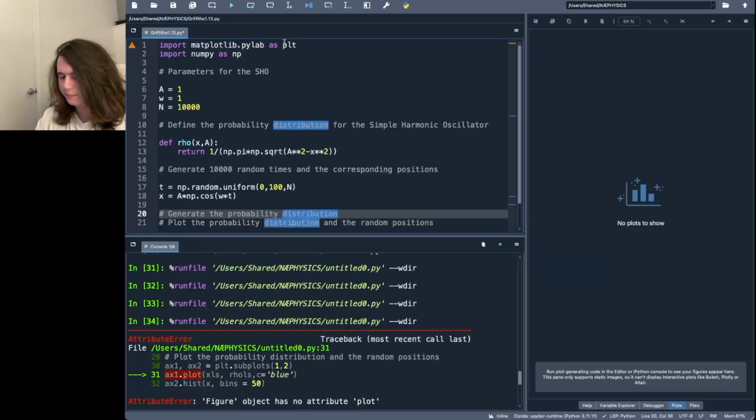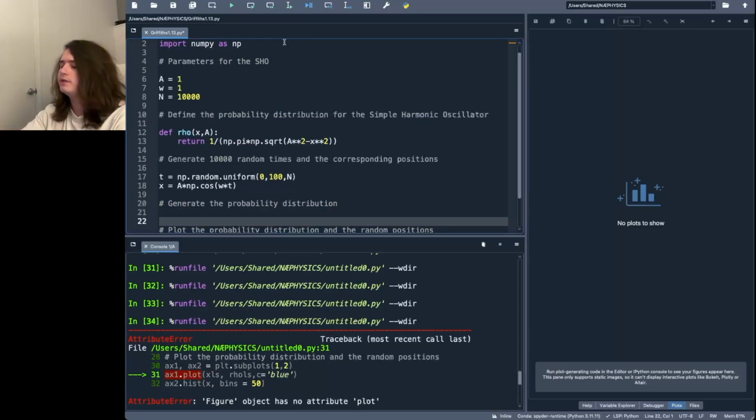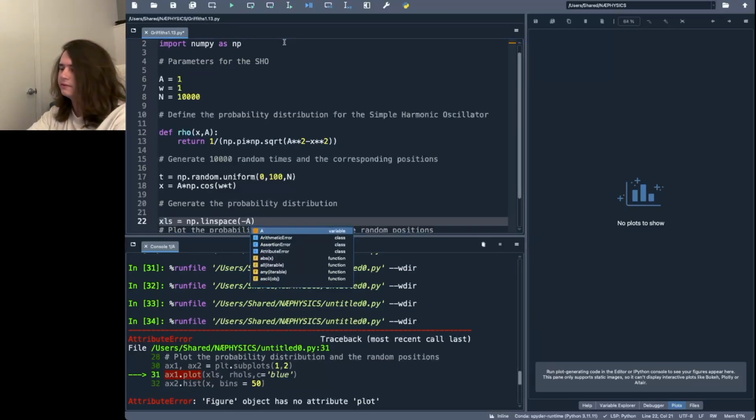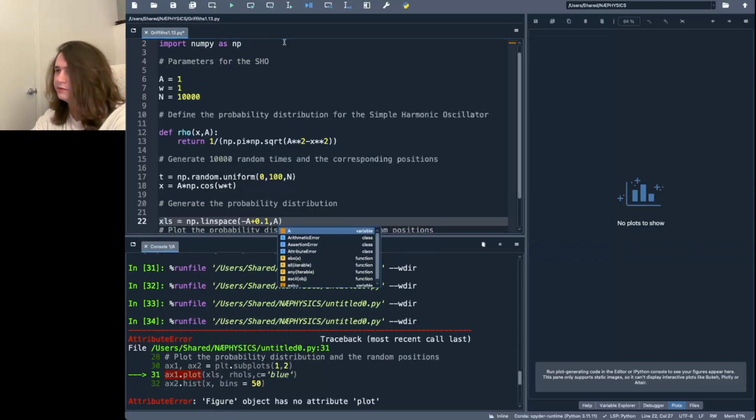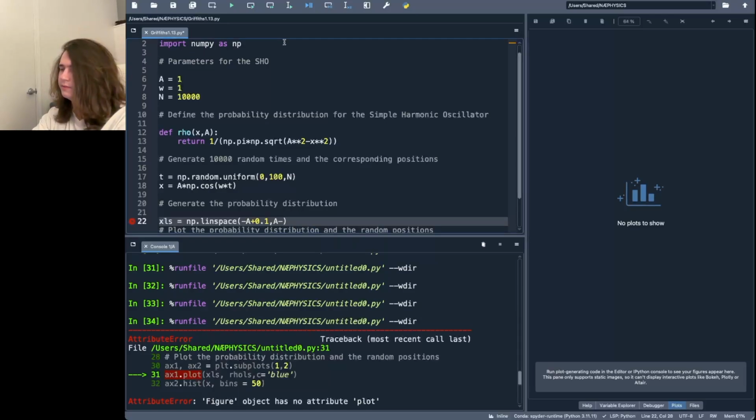Then the probability distribution. Let's create a domain for ourselves using the linspace function from NumPy. Let's run from minus a plus 0.1, because we don't want to divide by 0, trust me, and then that's going to go to a minus 0.1.